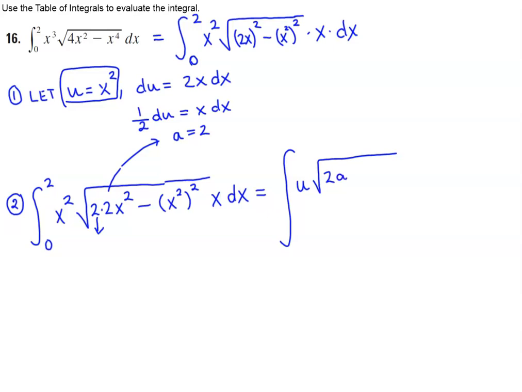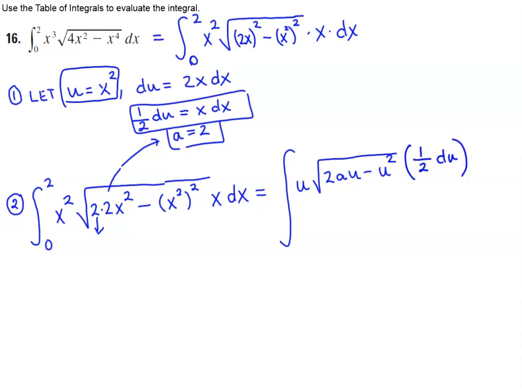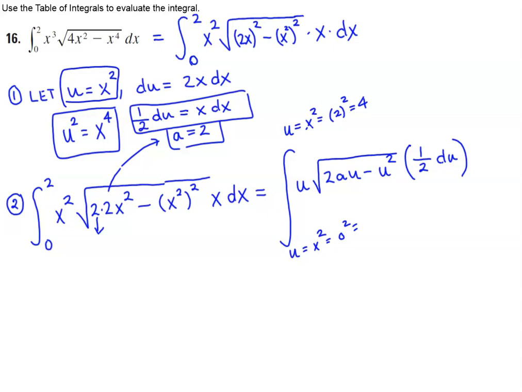And again, we know that x squared is u, minus x squared, which again is u now squared, and then x dx we know is 1/2 times du. Okay, and then the upper limit we know is u, which is equal to x squared, which means 2 squared is equal to 4. And then the lower limit again is x squared, and 0 squared is equal to 0.